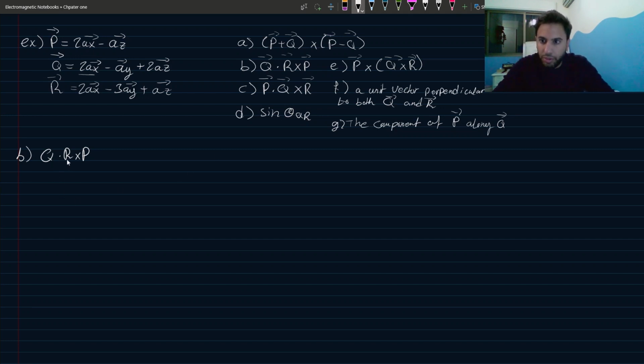So Q dot R cross P, if you recall, we can do it as the components of Qx, Qy, Qz, and the components of Rx, Ry, Rz, and the components of Px, Py, Pz, and do it just like cross multiplication.